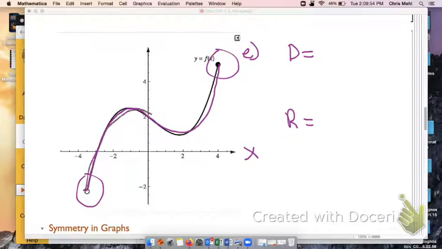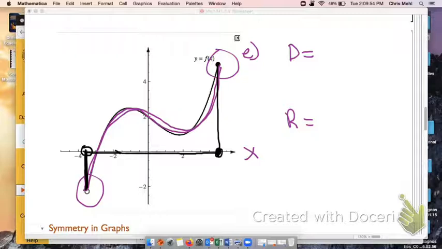Since the graph moves continuously from left to right, the domain is going to start at this point on the farthest left, on the x-axis. That's not going to be included though. The domain moves to the right until I get to positive 4, the farthest rightmost point.